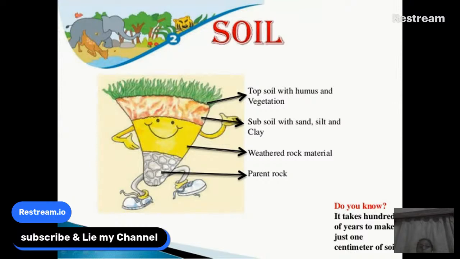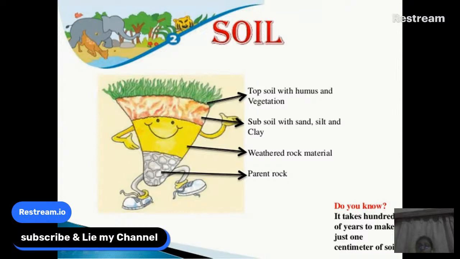Now the third, the yellow part, is the weathered rock material. What is weathered rock? It is the decay of exposed rocks by temperature changes, frost action, plants, animals and human activity. These are all there in the yellow part, the weathered rock material. And at the last you see there is some rock material that is known as the parent rock.